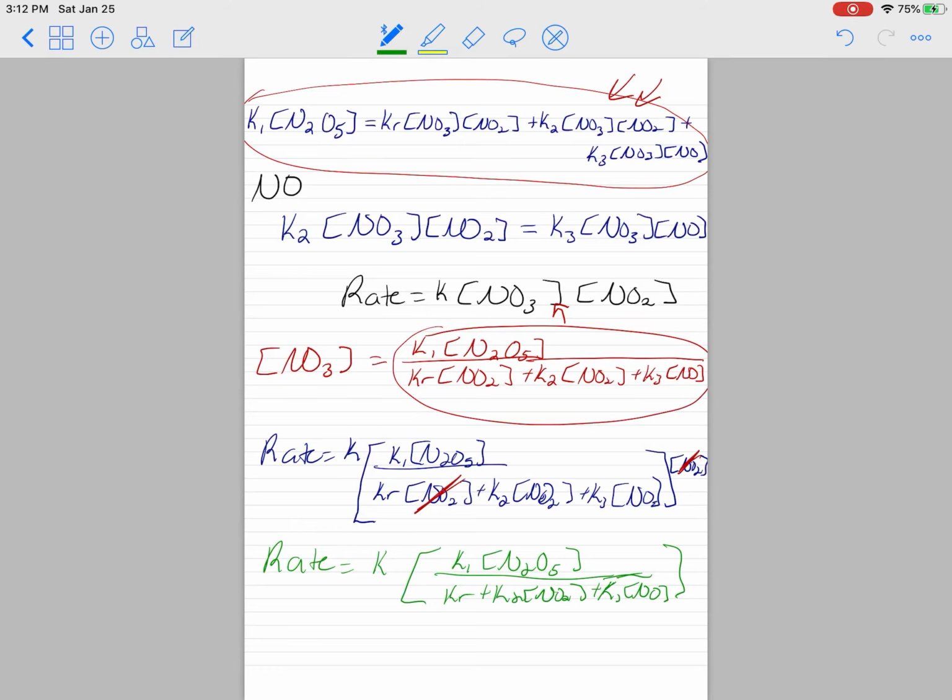okay, so we replaced the concentration of NO3 with a rearrangement that was used to solve for the concentration of NO3 based on the rates of appearance and disappearance of it.